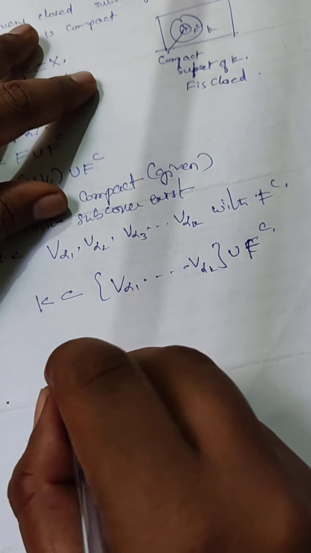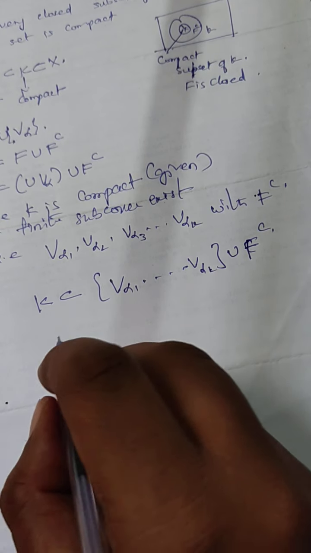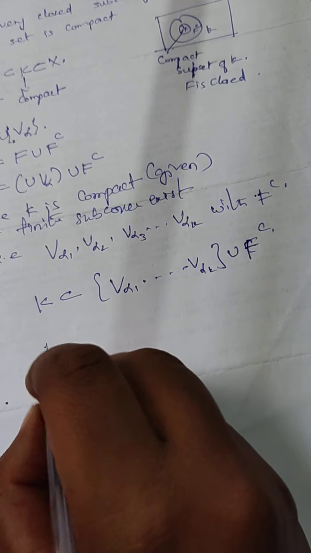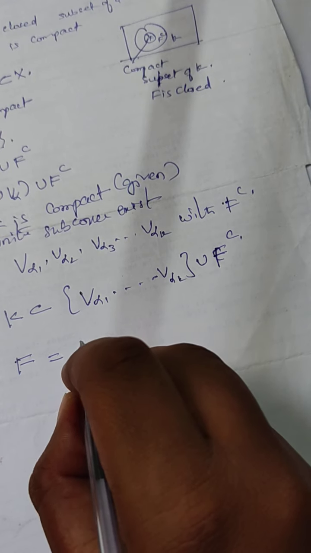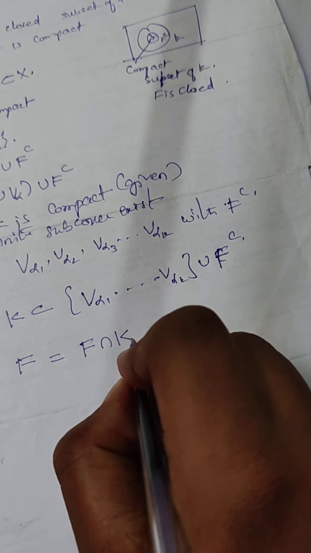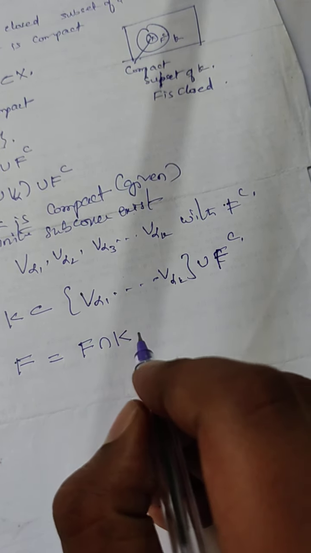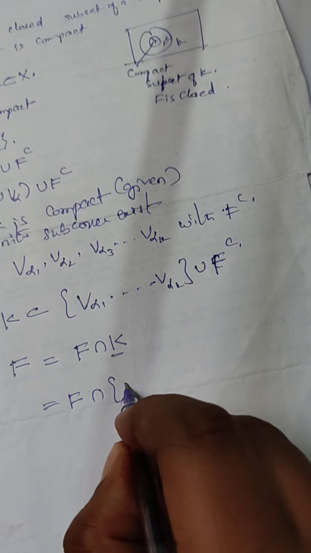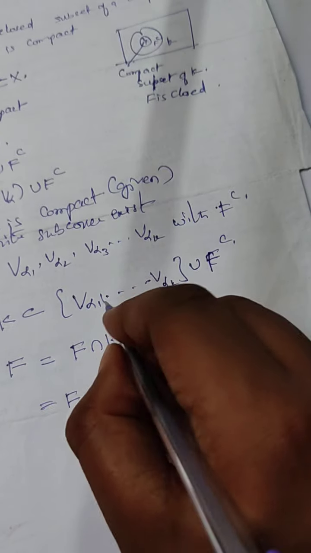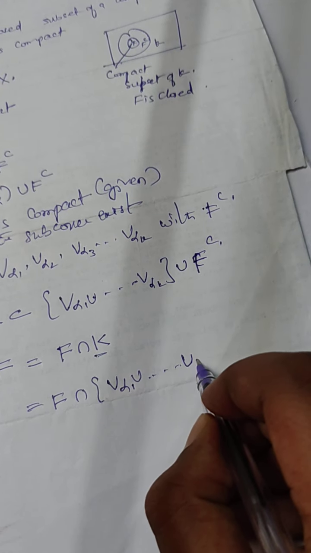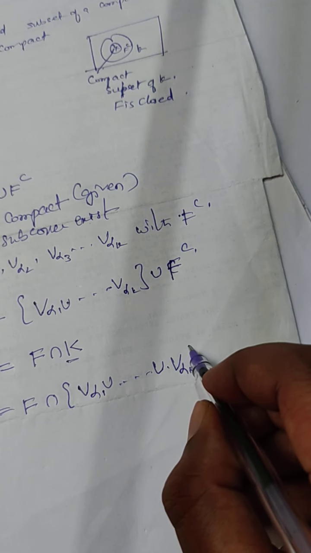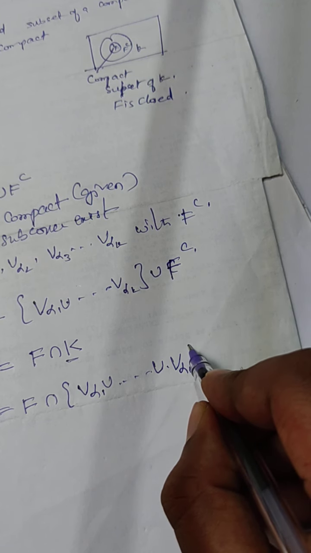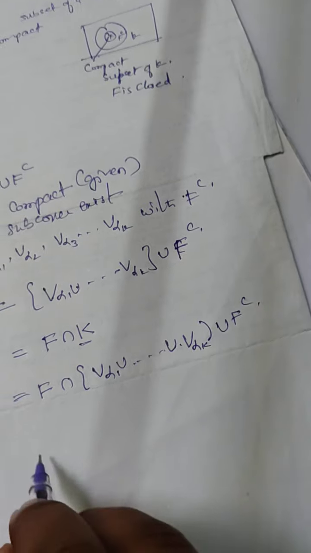All right, hence from this we can write, we know that F is equal to F intersection K. We know that K is given by V alpha 1 union, this is union, V alpha k union F complement.